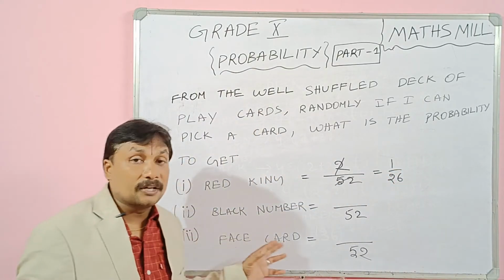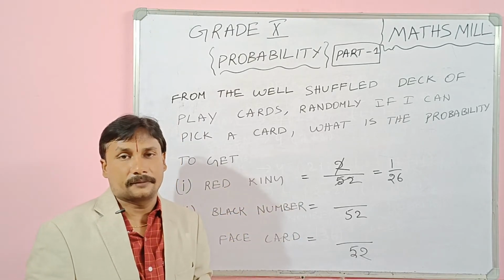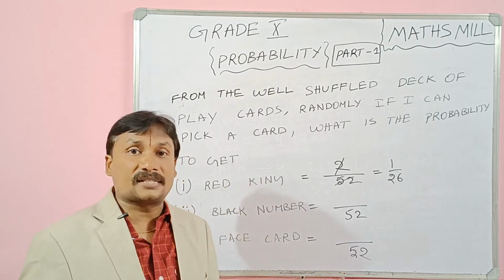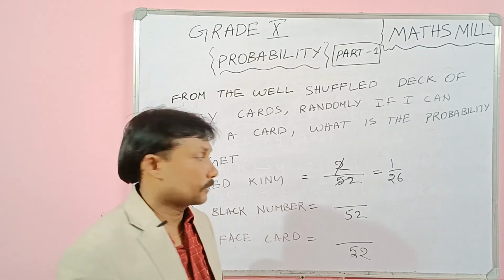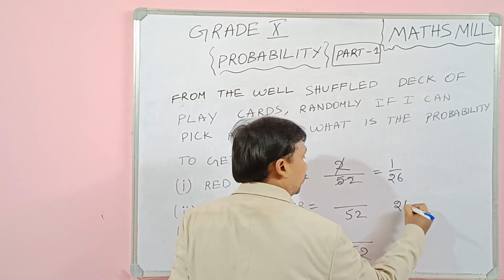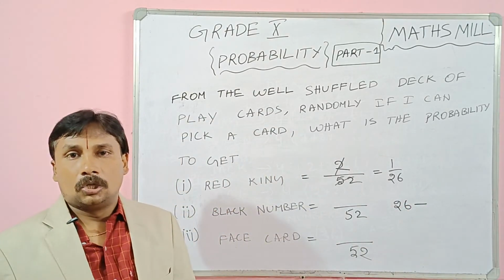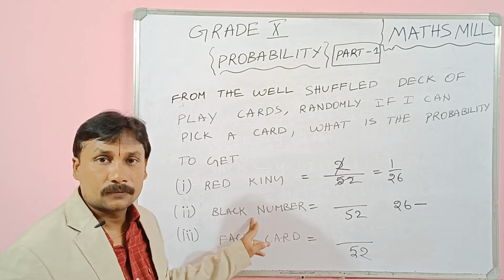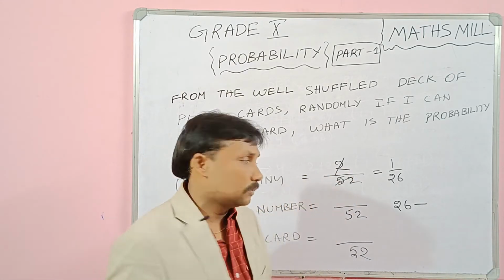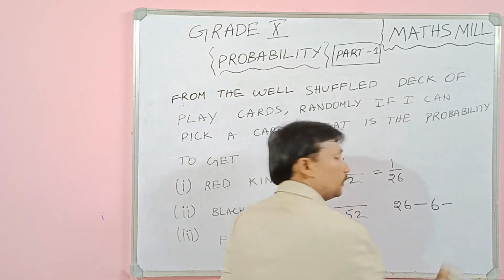Now coming to black number cards. How many black cards are there? 26 black cards are there. From that, what do we remove? Only black number cards are asked, so we remove the face cards: 6 face cards are there.